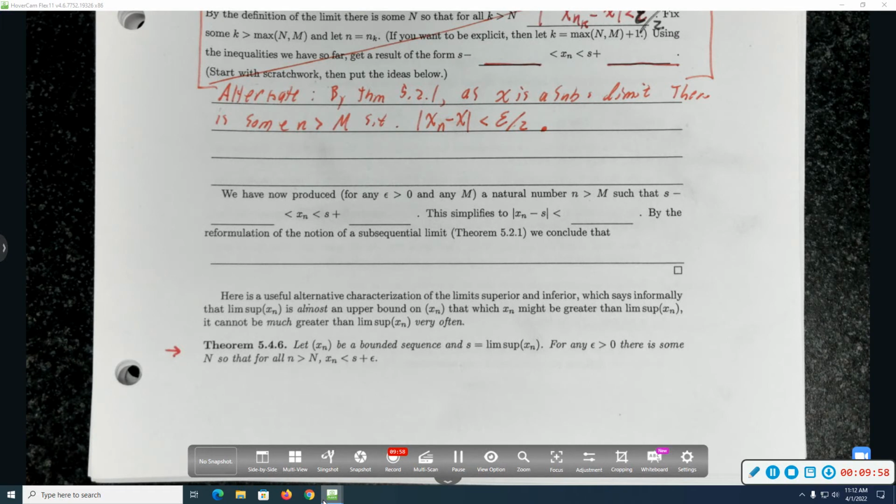Like we multiply by negative 1 and everything, and then we just add on an x sub n. That's possible? Cool. Which particular one do you want to start with? Negative one. This one? Yeah. And then you want to multiply that by. Let's see what that gets us. So it's going to give us negative x less than negative x less than negative s plus epsilon.